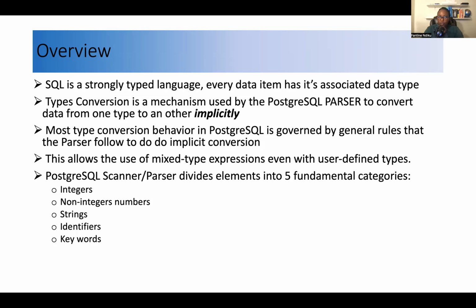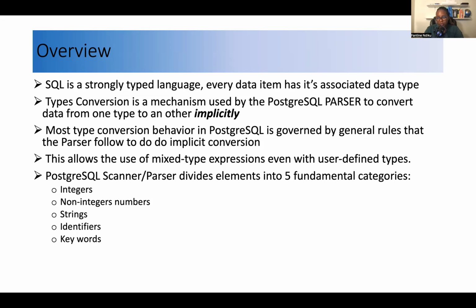So these rules allow us to have mixed types in an expression and still get only one result in one type, because sometimes you have an expression that has an integer mixed with a string. In that case, the parser, the system, has to convert those types implicitly for us, and then we will get the result.